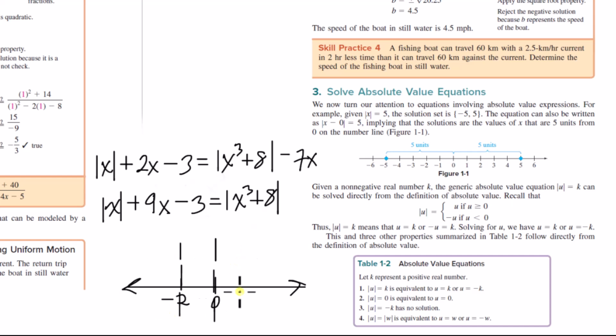So, okay, let's look at x is less than -2. And notice how as we go through this, I'm going to account for when x is equal to -2 or when x is equal to 0.